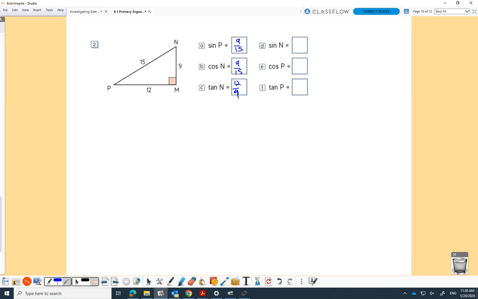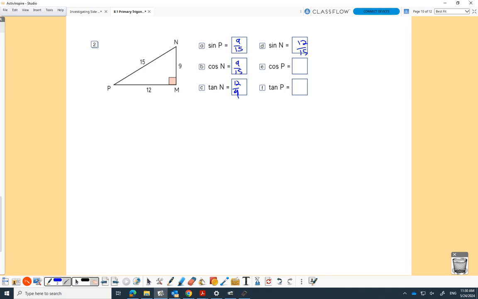Sine n. What'd you get? 12 over 15. Please don't try to do it the short way like I just did until you've totally got it. Label it. Do all that. I'm just trying to say this doesn't have to take forever once you're good at it.